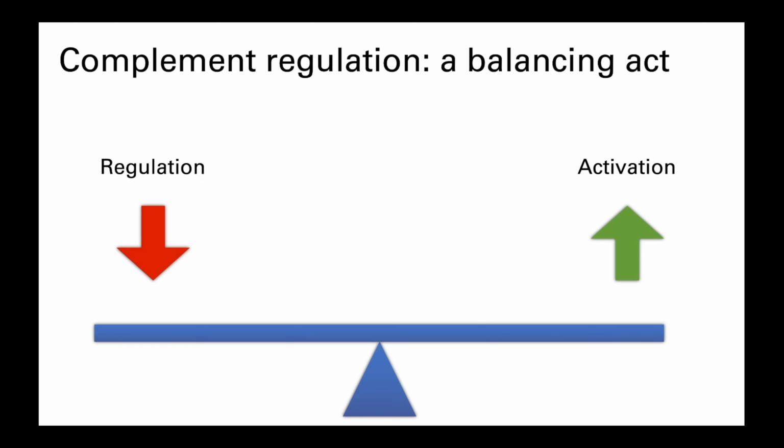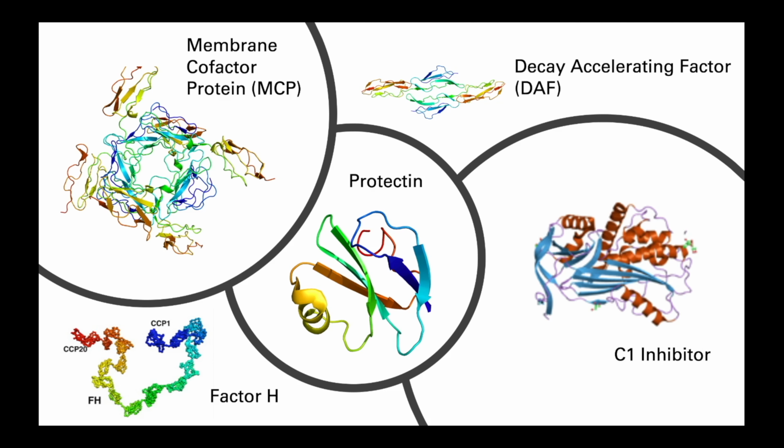A few of the important, but by no means all of the regulatory proteins include C1 inhibitor, which is a protease inhibitor that binds and inactivates C1r, C1s, and also MASP1 and MASP2. Decay accelerating factor, or DAF, which blocks the formation of the alternative pathway C3 convertase and accelerates the dissociation of preformed C3 convertases by displacing Bb.